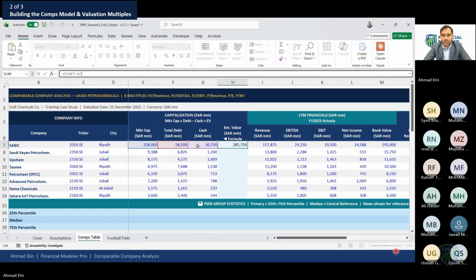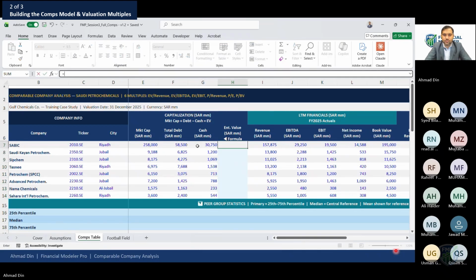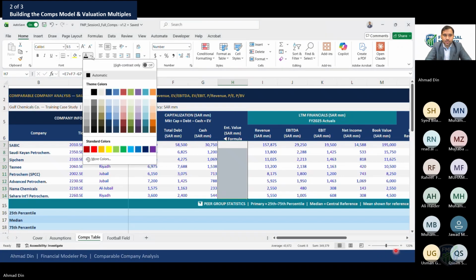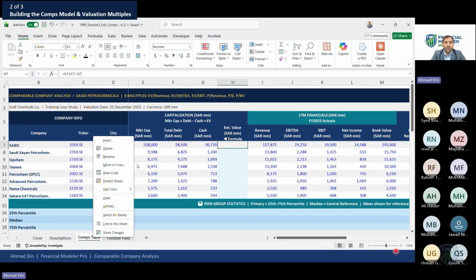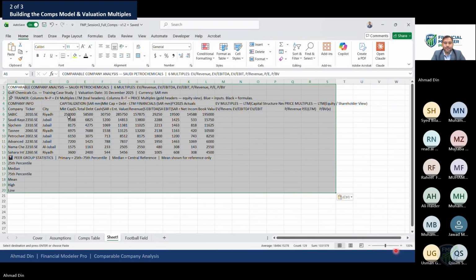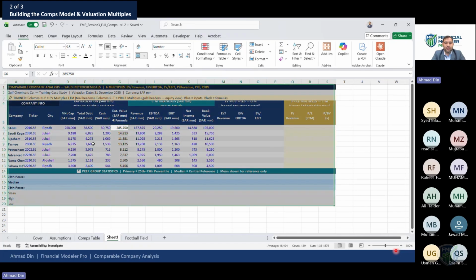One second. Okay, we do one thing. Okay, so we just bring it to the other sheet.